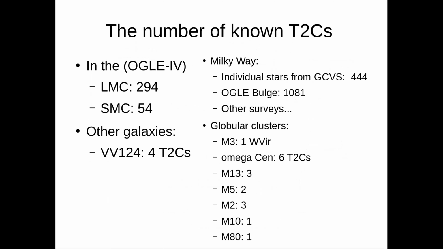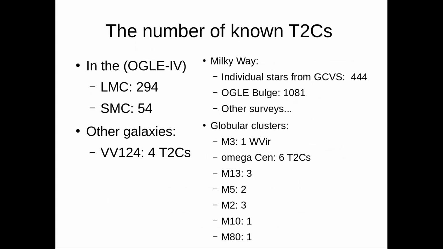The number of known type 2 Cepheids changes, and it is going to change very much in the forthcoming years. At this point, we can say that from OGLE-4 in the neighboring spheroidal small galaxies, the LMC and the SMC, it's around 350.